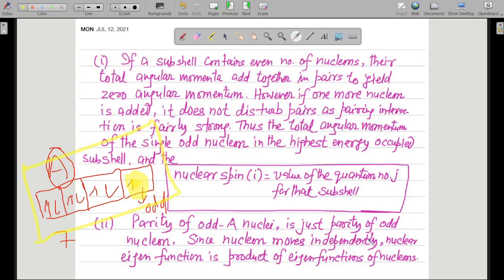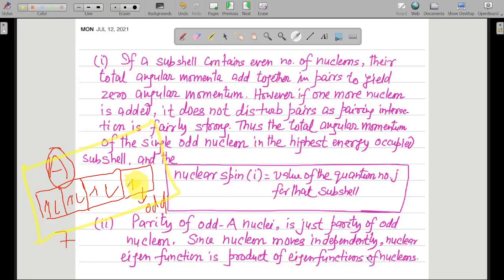Since the nucleon moves independently, the nuclear eigenfunction is the product of eigenfunctions of nucleons. Because the nucleons move independently of each other, none of the nucleons is dependent on the other. Each nucleon is moving independently of another, on account of the nuclear force of the other A-1 nucleons. This also I had told you.